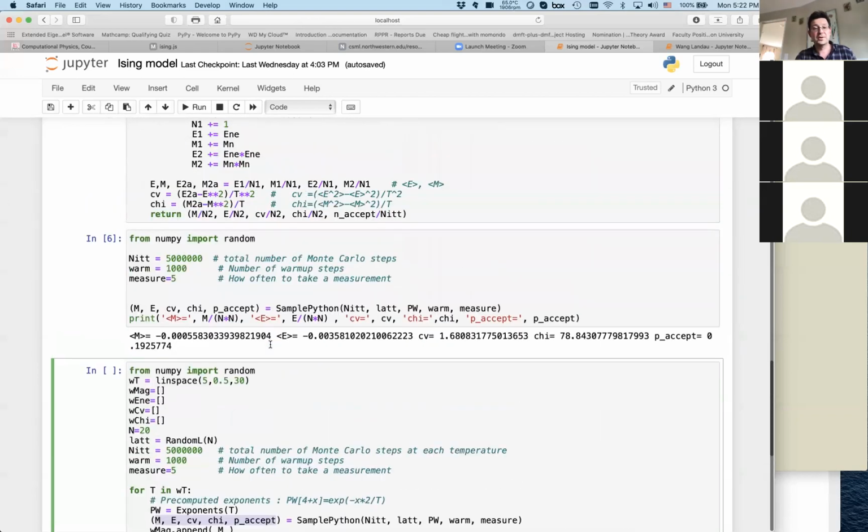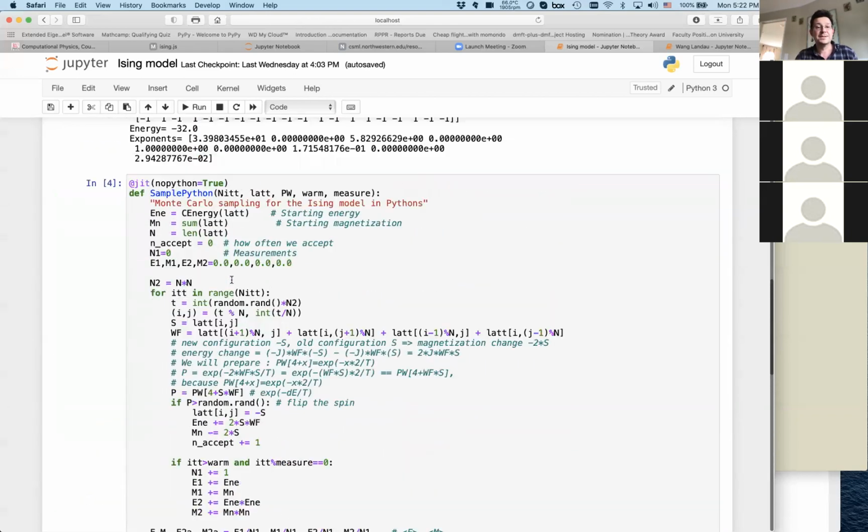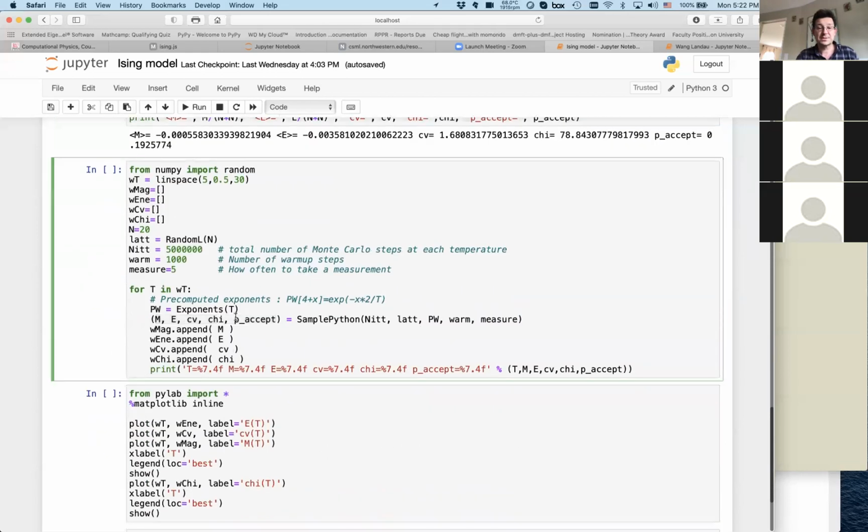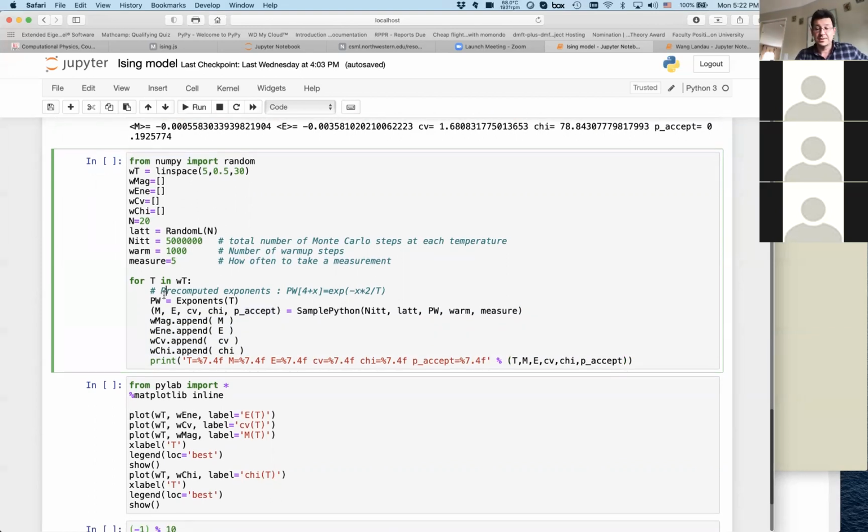So if you're following along and updating this simple Python in such a way that you return p accept, then you also need to update this point here, so that simple Python returns p accept in addition to the other quantities. What we also do in this step is remember the magnetization, energy, specific heat, and susceptibility at this temperature, and we print out the information, and then we're going to plot the final results.